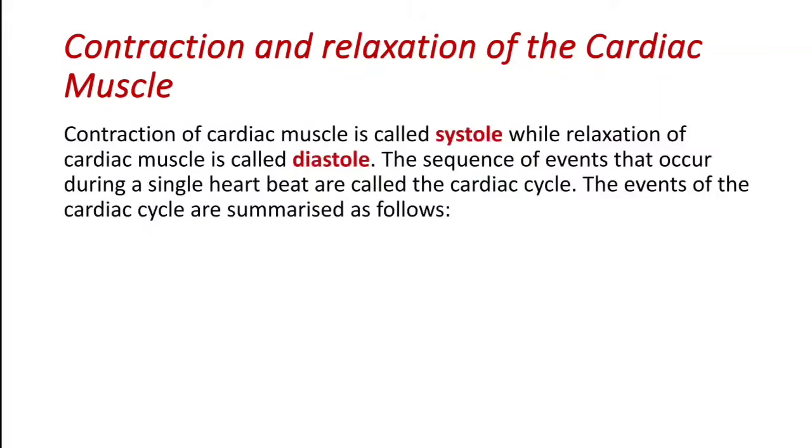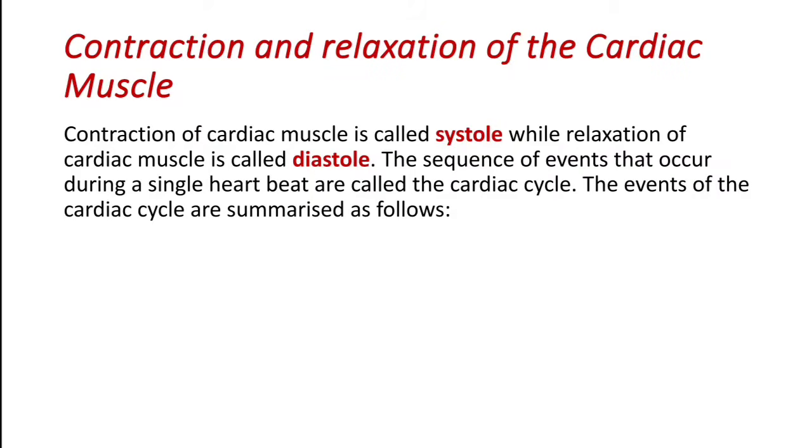Now, contraction of cardiac muscle is called systole, while relaxation of cardiac muscle is called diastole. So when the cardiac muscle contracts, that is called systole. And when it relaxes, that is called diastole, depending on the number of teeth that you have.